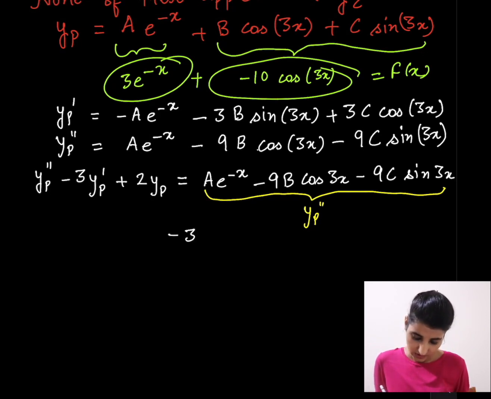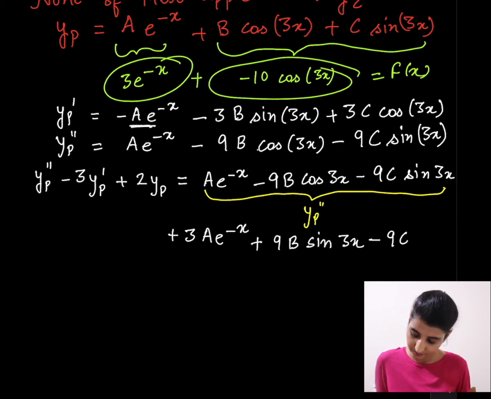If you multiply the first term with negative 3, you will get plus 3a e^(-x) plus 9b sine 3x minus 9c cosine 3x.